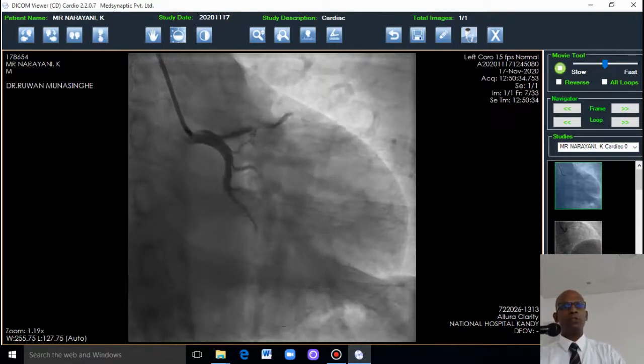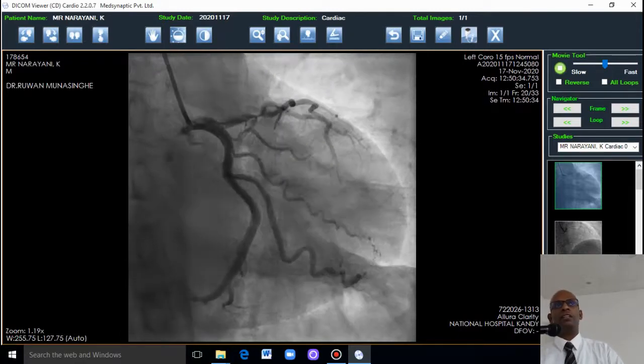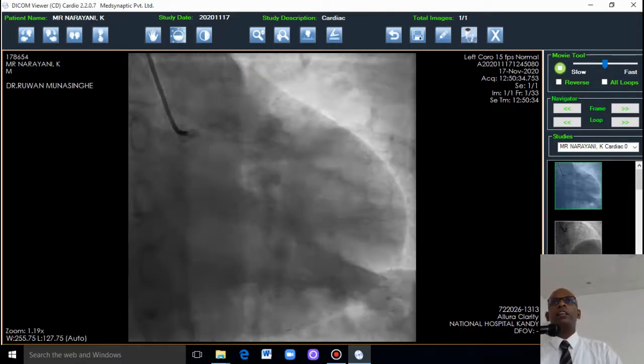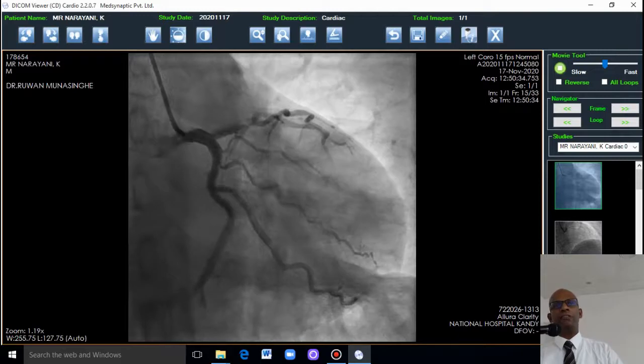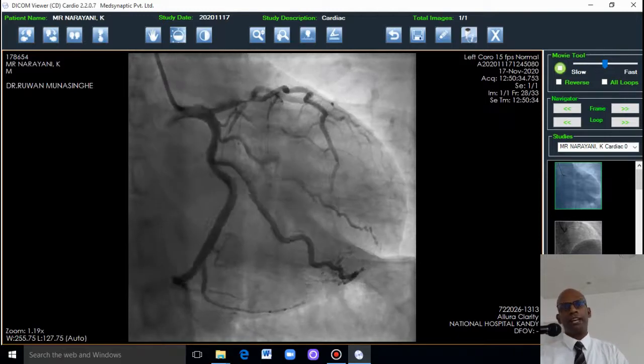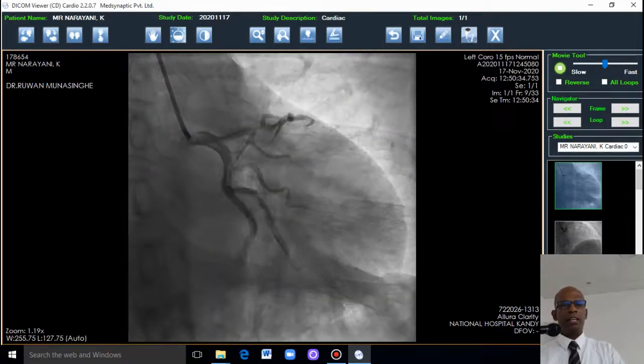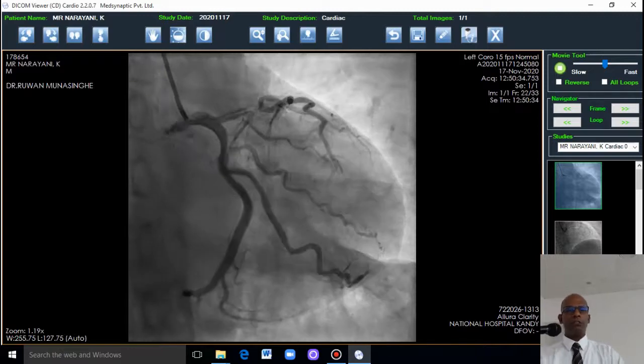He was treated medically and sent home, but within another week he developed re-infarction. Thereafter we took the patient to the cath lab, and an angiogram was performed.